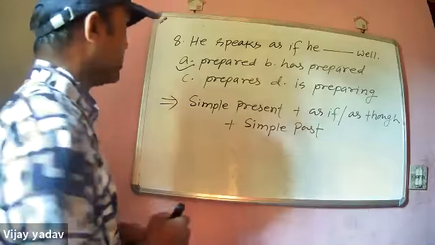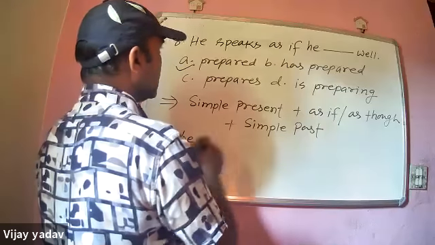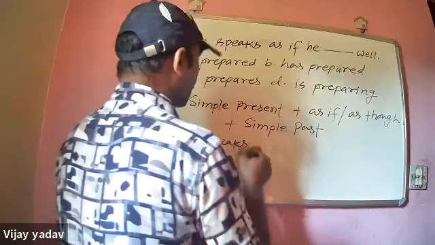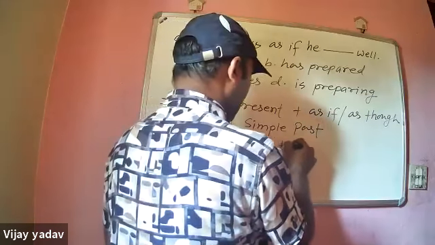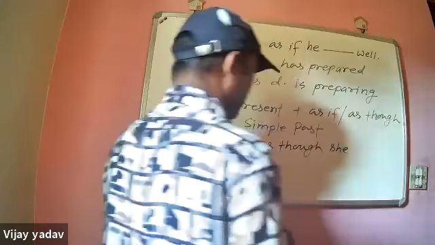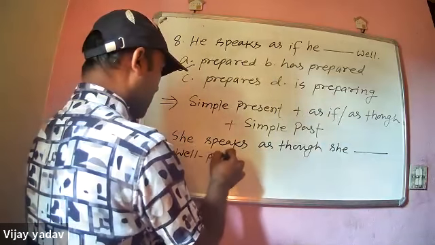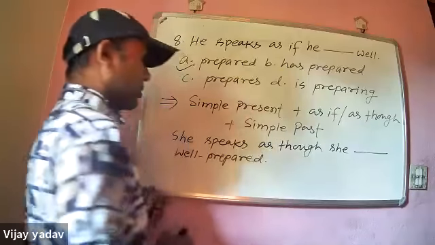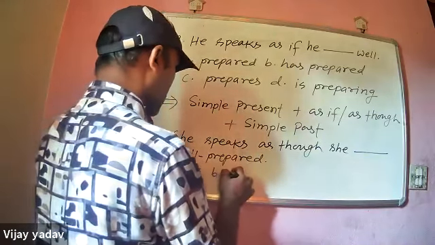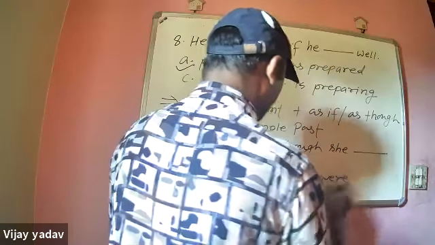And it was asked in the exam. So here: she speaks as though she well prepared. Here you have the options: is, are, was, were.